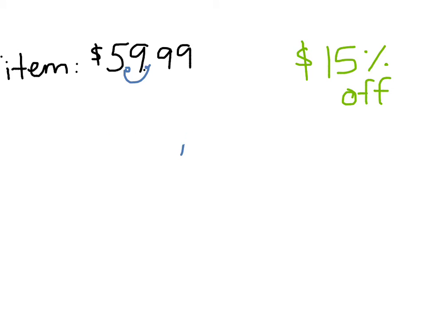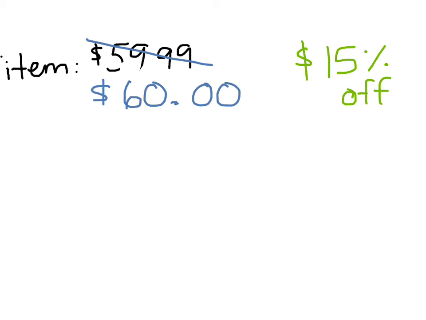I like to take my item price, $59.99, that's really close to $60, and that's what we've been doing as we've been working through our tips and our sales tax. Let's just make that $60. Then we will take that 10%, moving the decimal one place. 10% is $6.